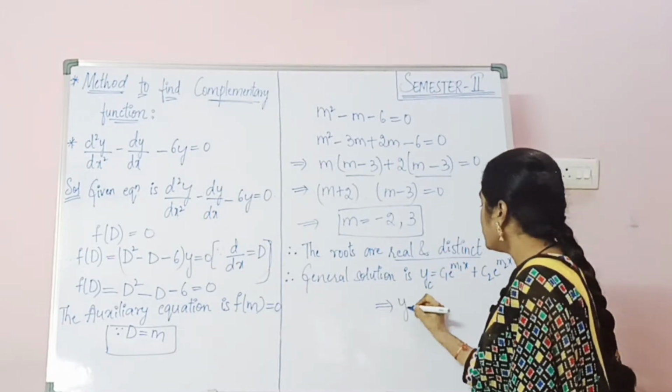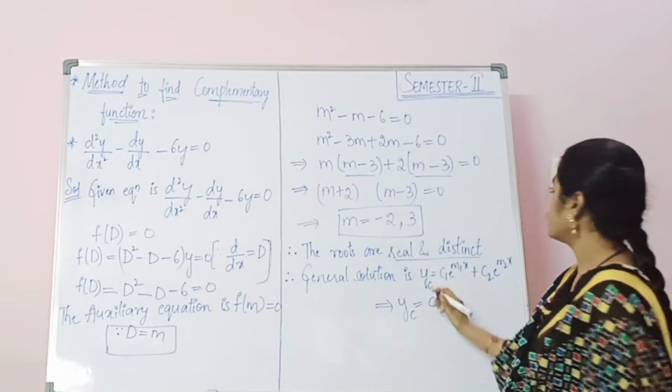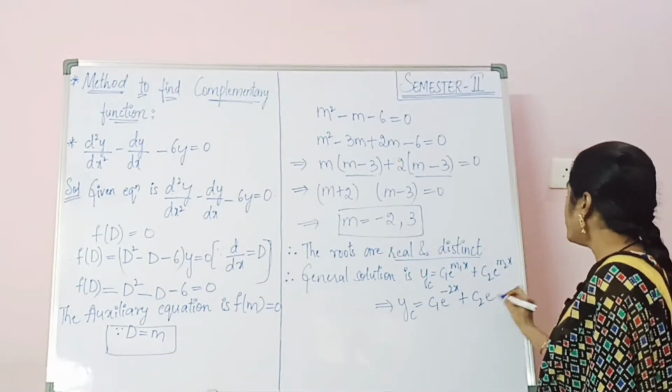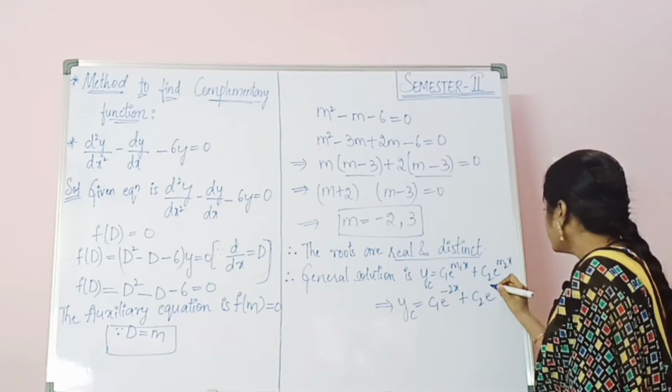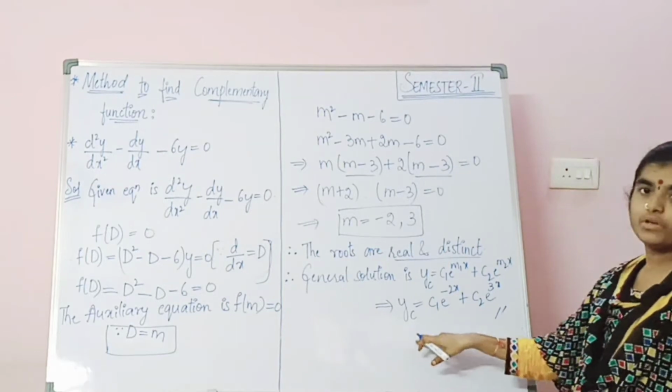Here m1 is minus 2 and m2 is 3, so yc equals c1 e power minus 2x plus c2 e power 3x. This is the solution.